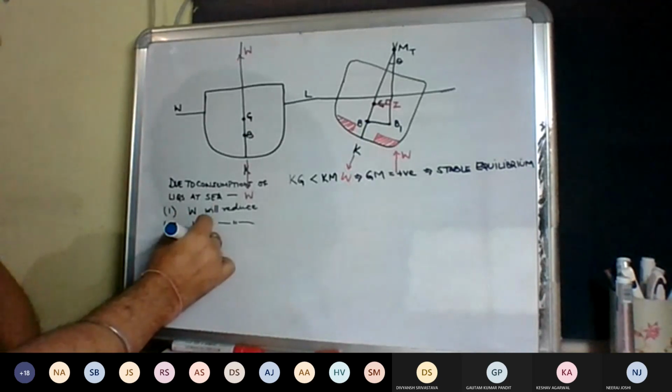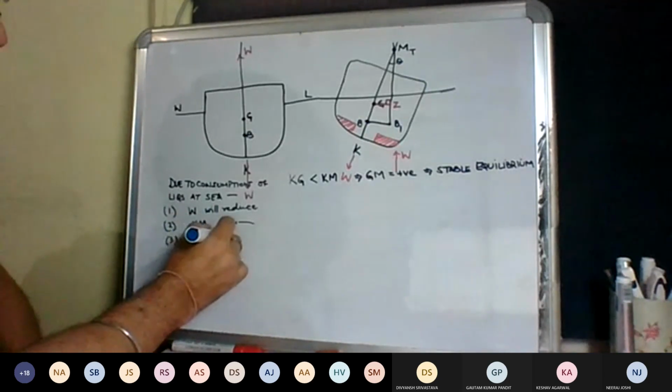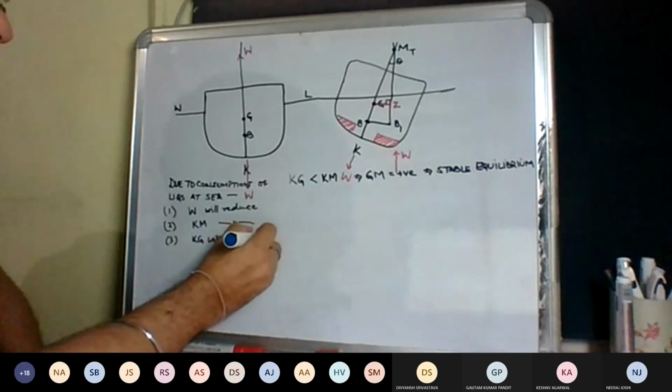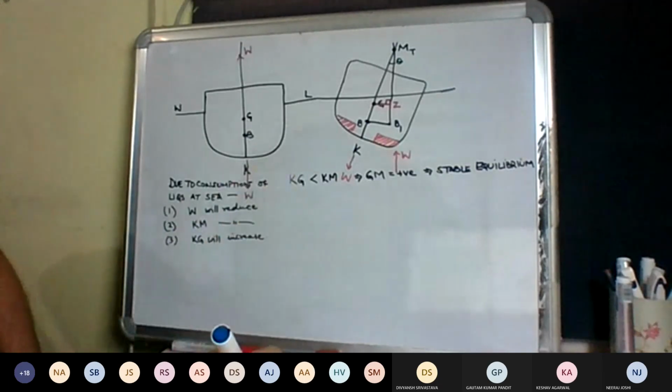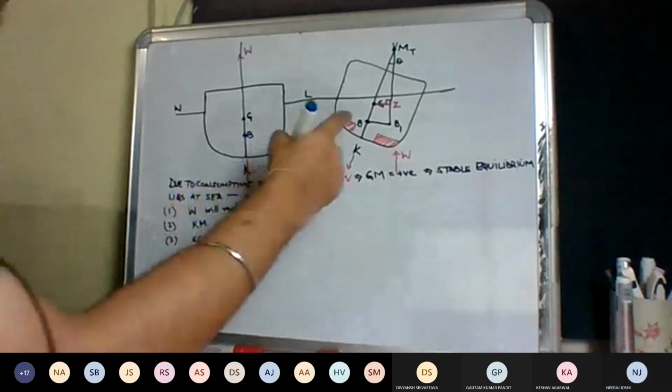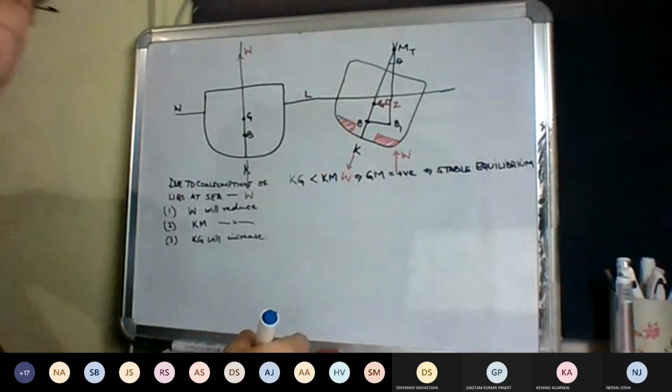Simultaneously, KG will increase. Do you agree? Yes, sir. Okay. A point in time will come when the G and the M will coincide.